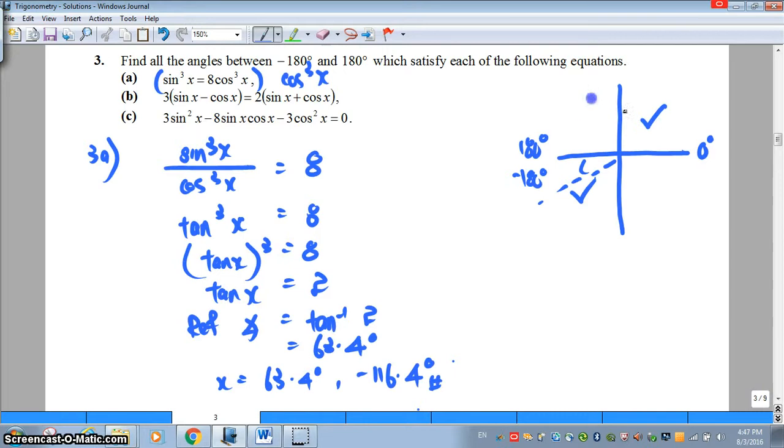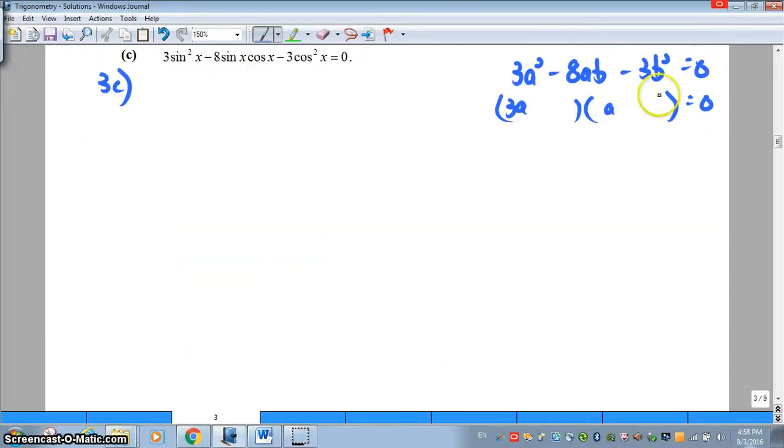Doing your E-math, I'm very certain you are able to help me factorize this. Okay? This will give you 3A, B, since it's negative. This will be how you factorize it.